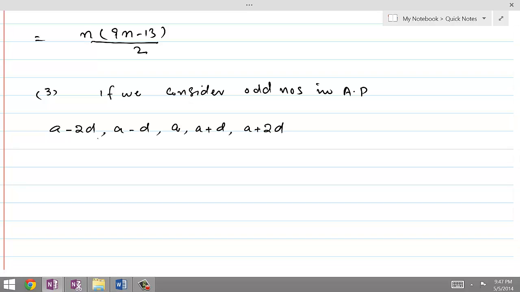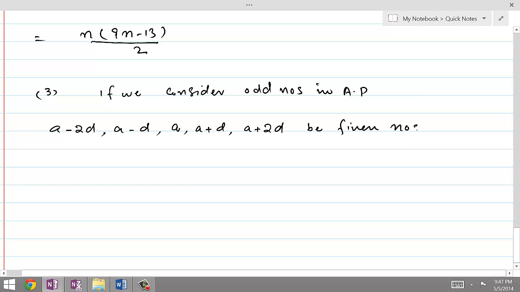For now, these are 5 numbers in AP such that their sum is given as 25. So A minus 2D plus A minus D plus A plus D plus A plus 2D.